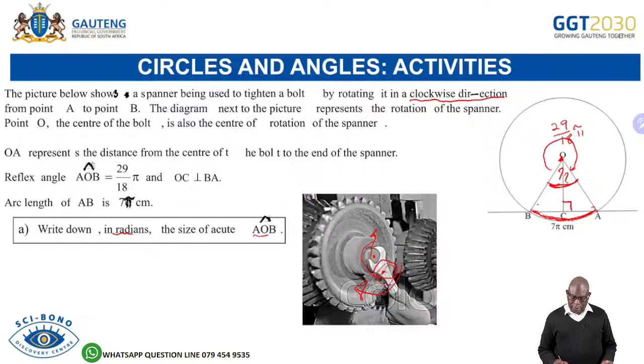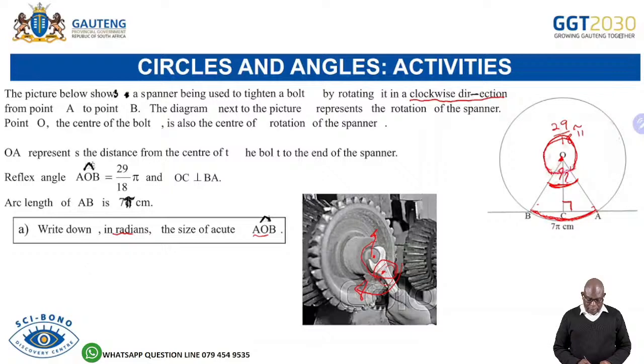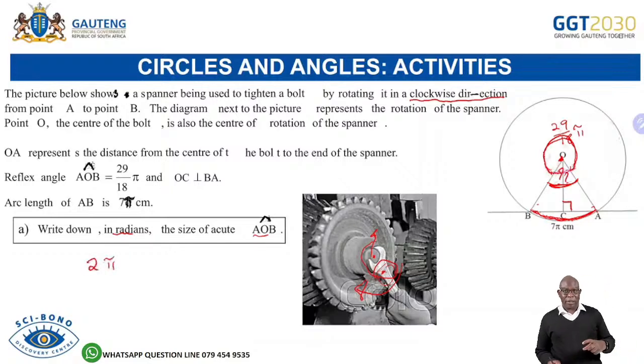Remember, this has rotated 29 over 18 pi. For that spanner to rotate throughout the whole circle, it must be 2 pi. So for the whole circle it will be 2 pi. But I know part, which is 29 over 18 pi.